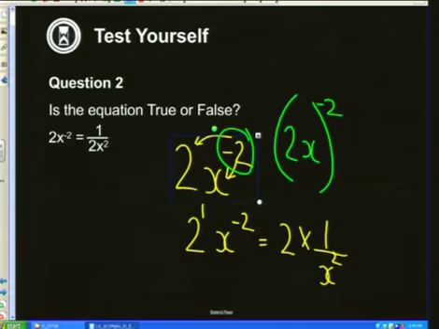If that was raised to the negative 2, then grade 11s, 1 over 2x squared would be the correct answer. There would need to be a bracket around that whole thing. But if it's not, then this is certainly false, because the answer should just be 2 over x squared, because the negative exponent is only operating on x, not operating on a bracket of both those factors.